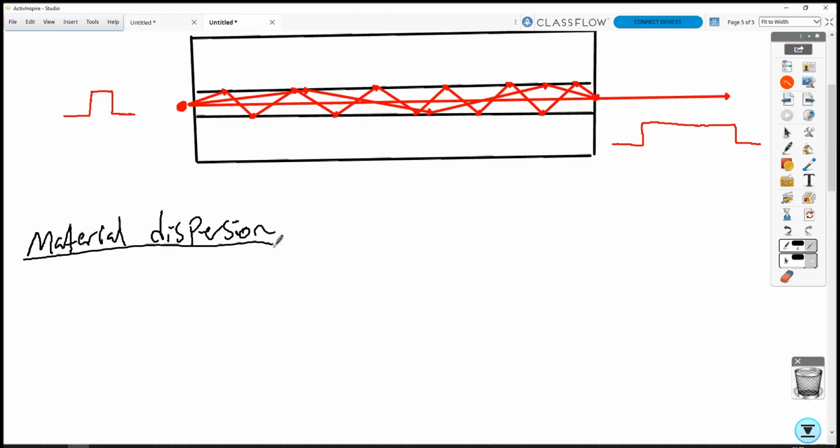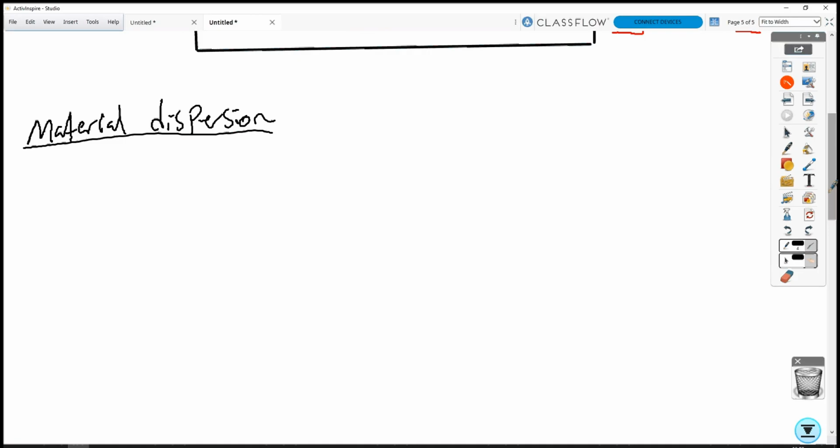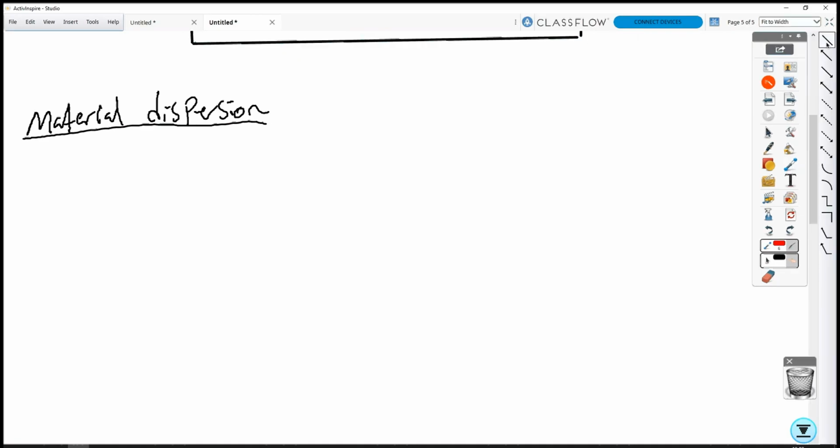So what I'm going to do is omit all of the different rays except for one that travels at some angle and strikes the cladding. So that way we can actually see material dispersion better. So we draw a fibre optic again.